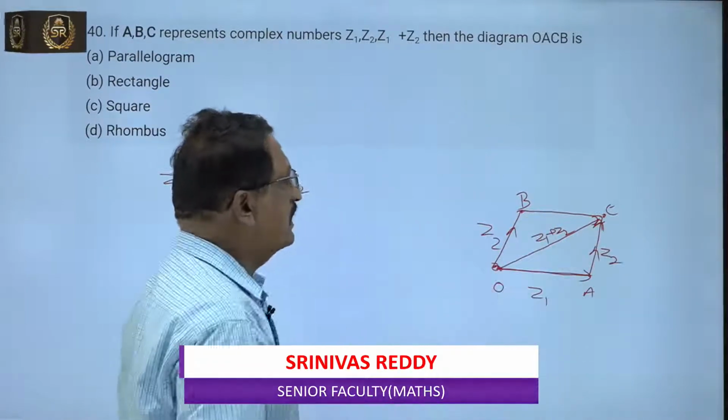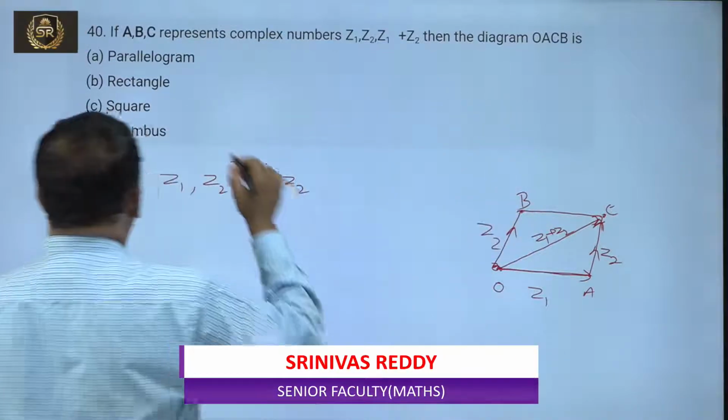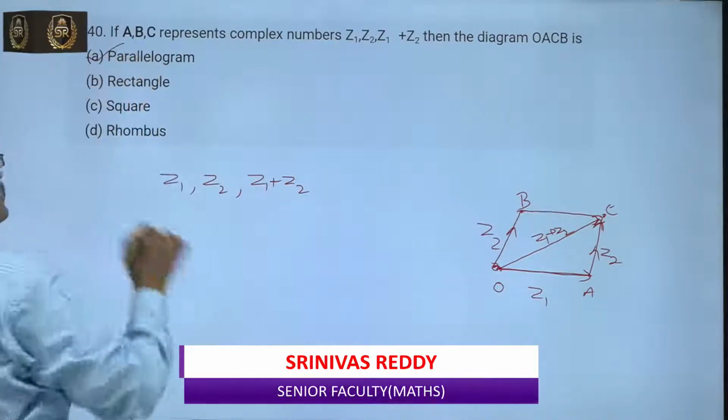Therefore the sides are parallel, so OABC is a parallelogram. Option A.